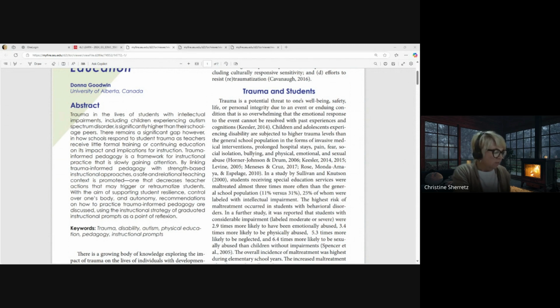Students with behavior disorders are at a higher risk. It talks about students that were moderate and severe were 2.9 times more likely to have emotional abuse, 3.4 times to have physical abuse, 5.3 times more to be neglected, and 6 times more likely to be sexually abused.